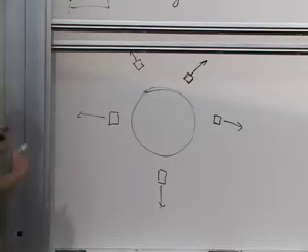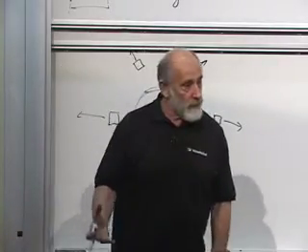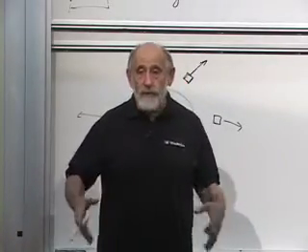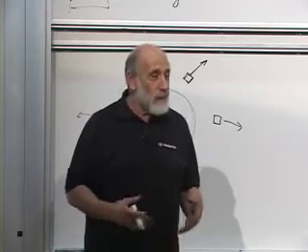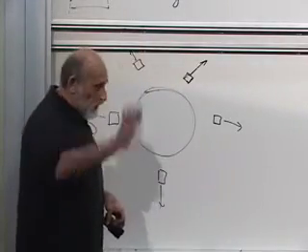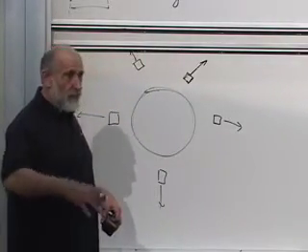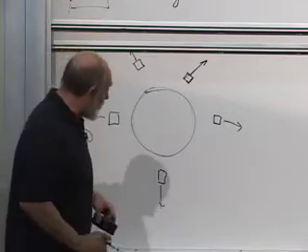Now, this is related to something else. If you're freely falling near the surface of the Earth, you don't feel the effect of gravity. There's no difference between falling at the surface of the Earth and being out in the middle of space with no gravitating objects at all.